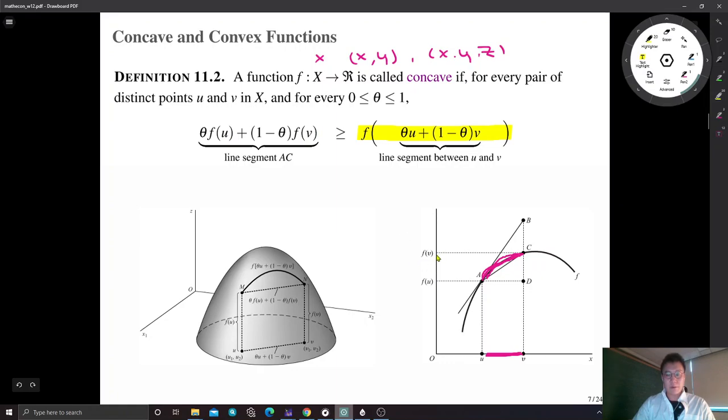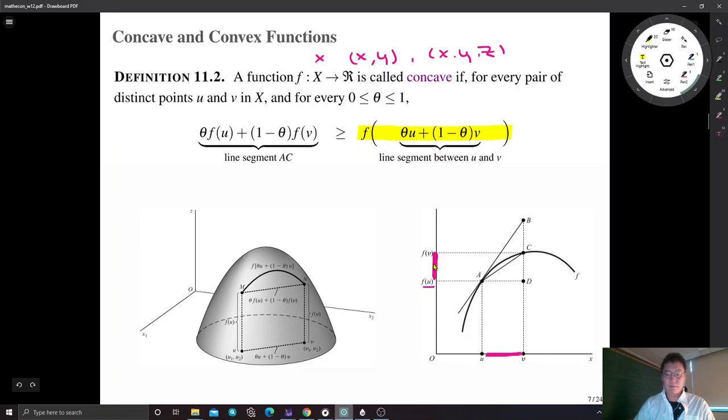These two points appear on the vertical axis. f of u is going to be the y coordinate of this point A, and f of v, the function's value at point v, is the y coordinate of this point C. So theta f of u plus 1 minus theta f of v is nothing but the parametric equation of the line segment between f of u and f of v.